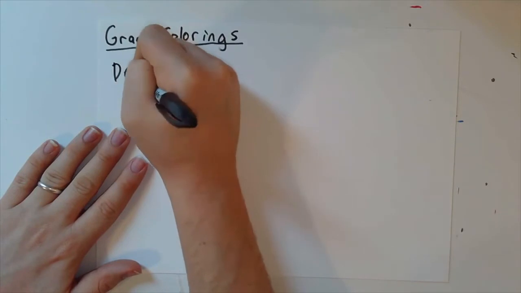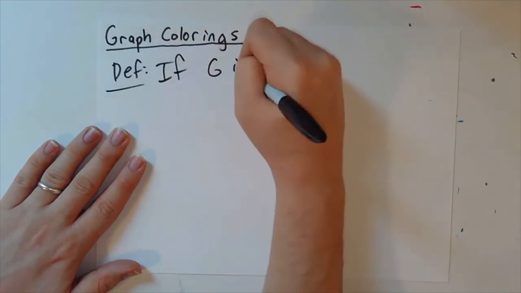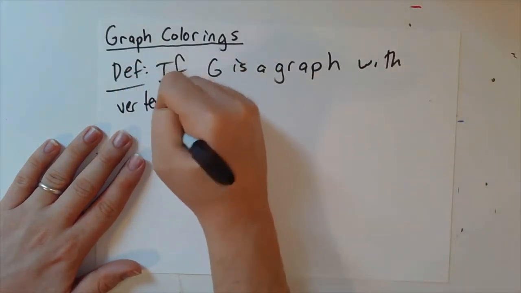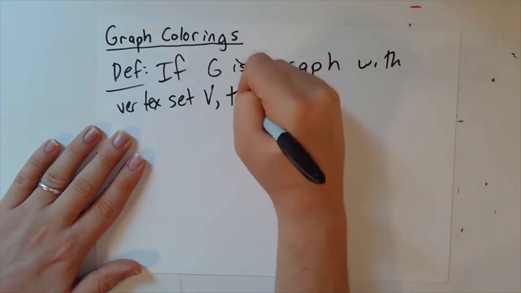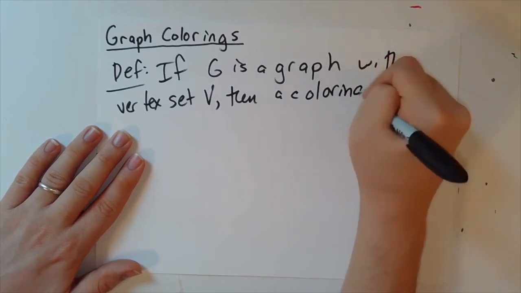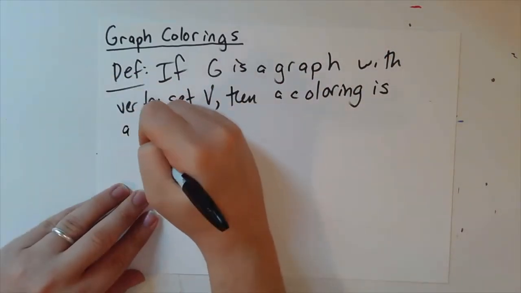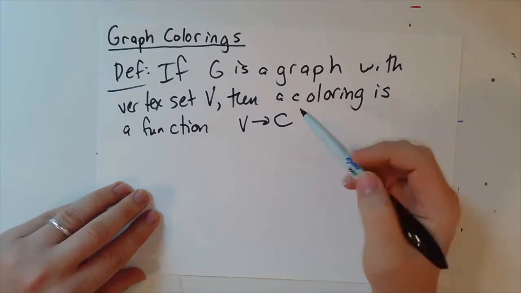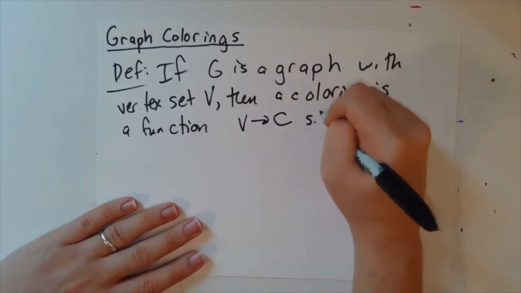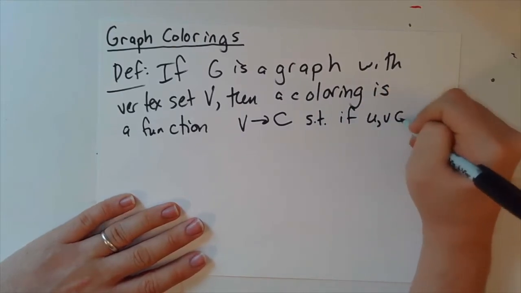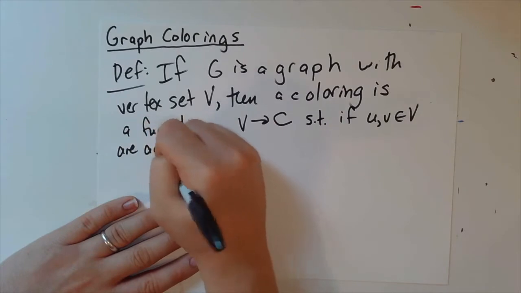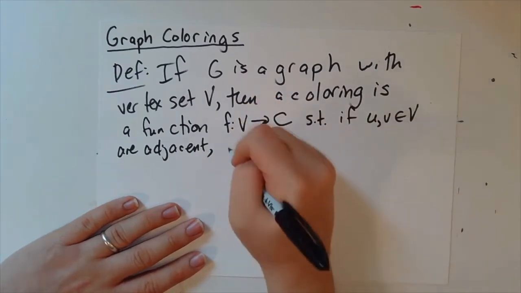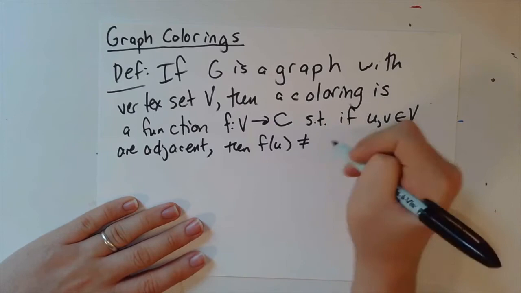So let's do that. If we have a graph with a vertex set V, then a coloring is just a function from V to some set C, C being the set of colors, if you like, such that if u and v in V are adjacent, and I'm going to give this function just some boring name like f, then f of u is not equal to f of v.